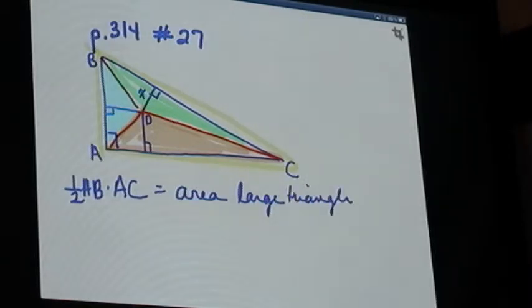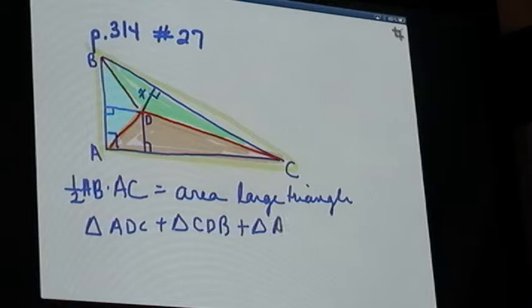Okay, now that area is equal to the area of triangle ADC plus the area of triangle CDB plus the area of triangle ABD. All three of these triangles, if you add them together, will be the area of the large triangle.